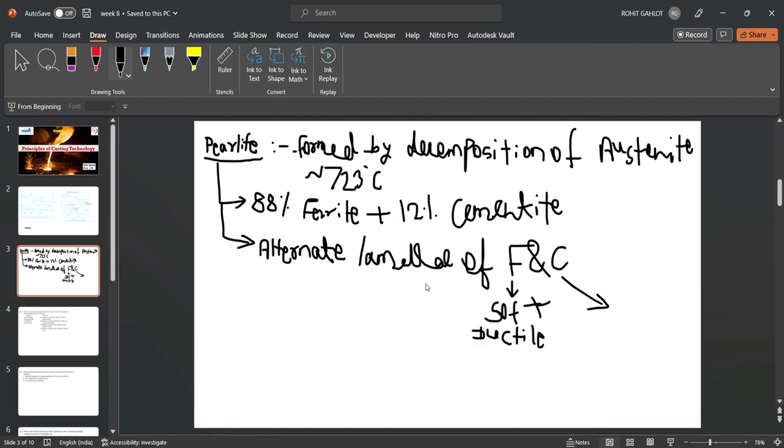As the majority is ferrite, the pearlite is of medium hardness and it imparts mechanical strength to the steel.